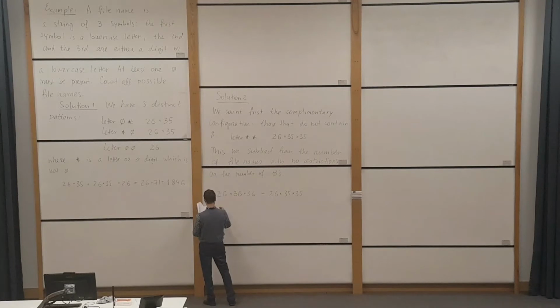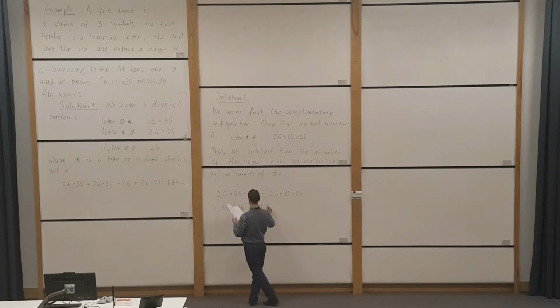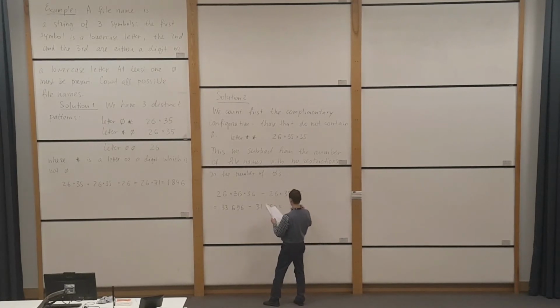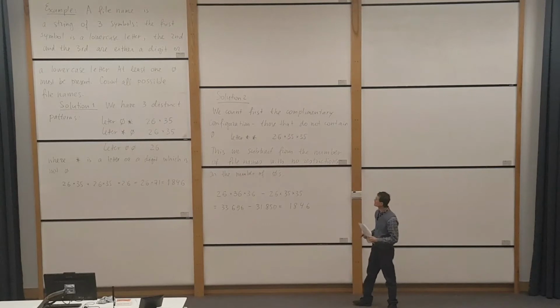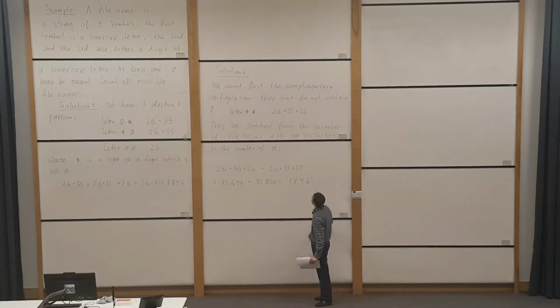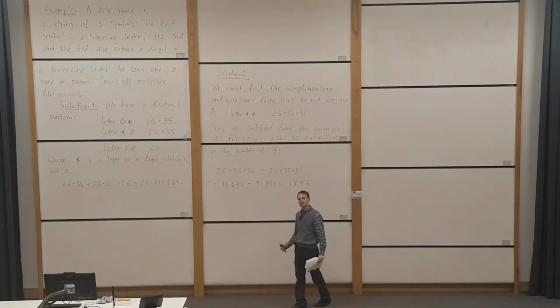And that gives us explicitly 33,696 minus 31,850, which equals the same number, 1,846. So this solution, the second solution, is slightly shorter here, but in other problems, it can be considerably shorter than direct counting.